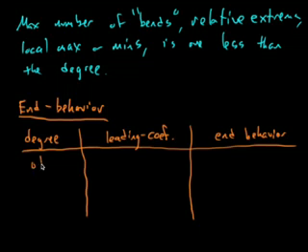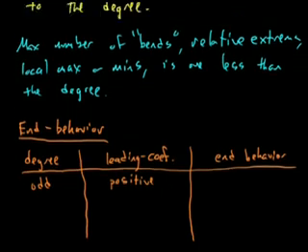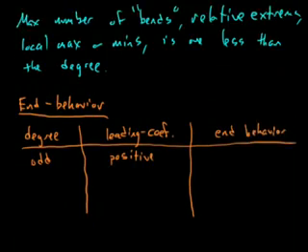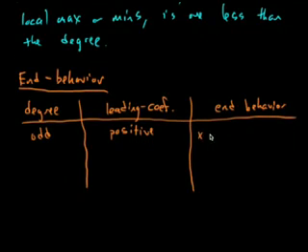So when I had an odd degree function with a positive leading coefficient, all right, so that was like our linear and our cubic here. What did we have? We had when x goes to positive infinity, we knew that y went to positive infinity, right?